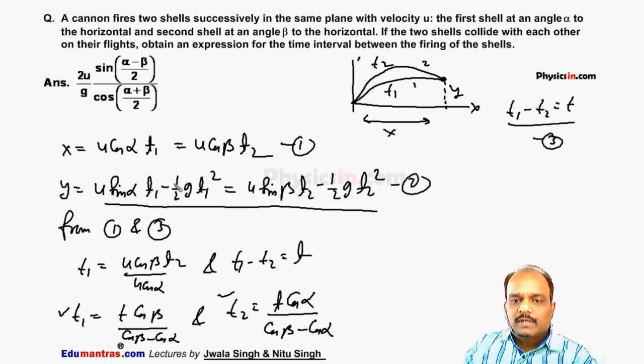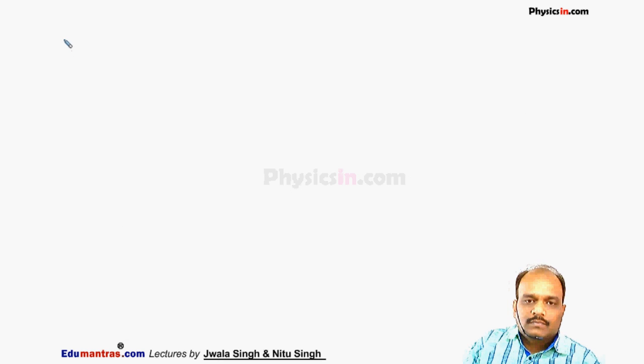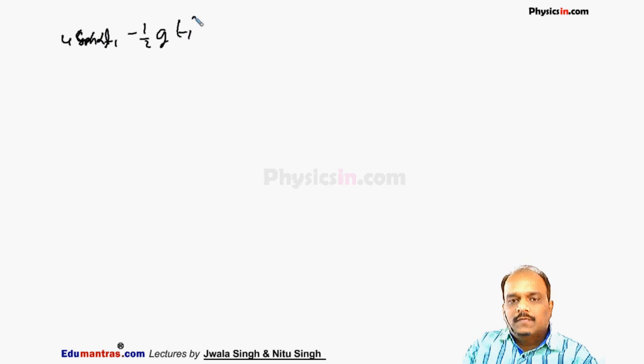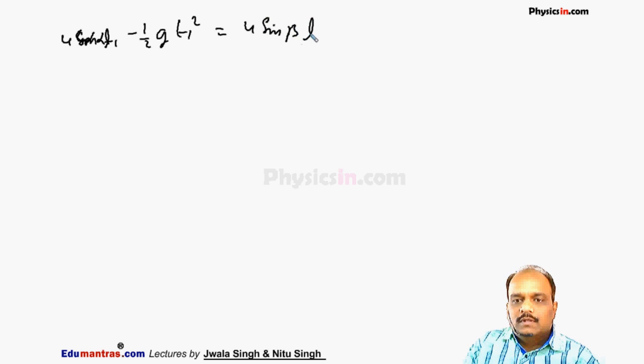u sin alpha into t1 minus half g t1 square is equal to u sin beta into t2 minus half g t2 square.